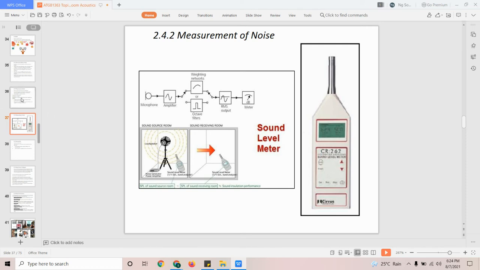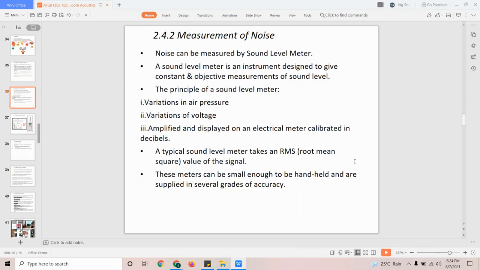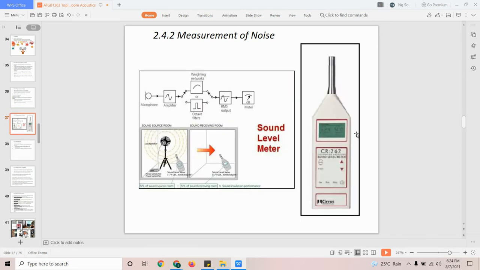So how does this work? This is an electronic equipment. The principle behind how this sound level meter works is they measure the variation of air pressure, voltage, and then they amplify it. When they amplify it, it'll be in terms of a value lah, in decibels. So what we know is we will get a value, and then you will record that value.